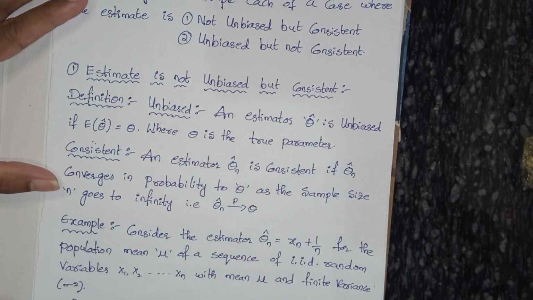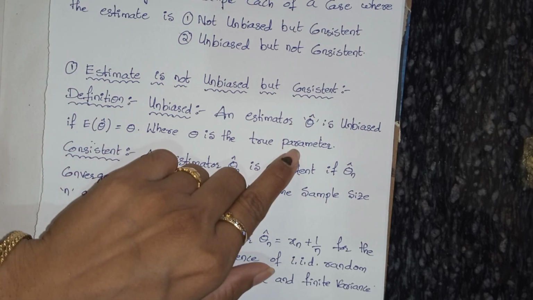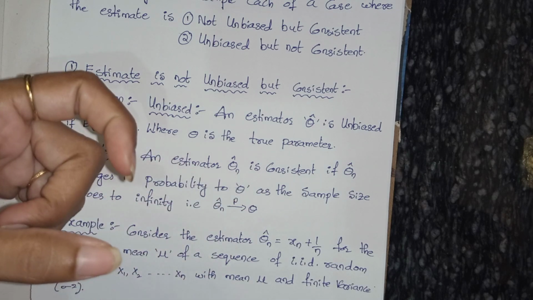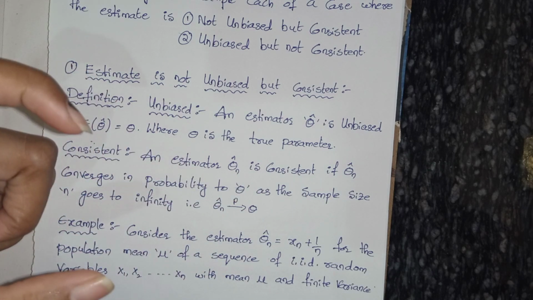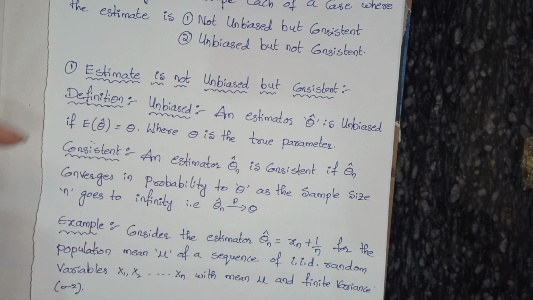That means we are going to calculate one unknown value which should be equal to another value. Here, the true parameter is the population mean. So the population parameter should be equal to the sample statistic, that is, the sample mean.